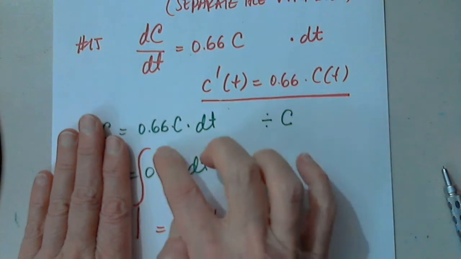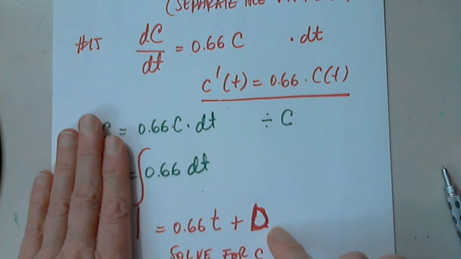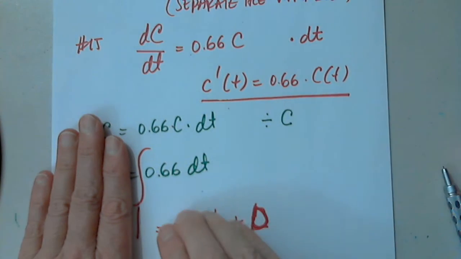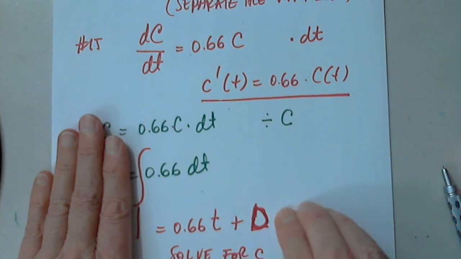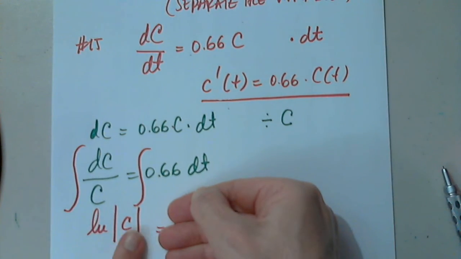So I found the antiderivative, or the most general antiderivative, of this function. So when we differentiate this, we get 0.66. When we differentiate this, we get 1 over c.